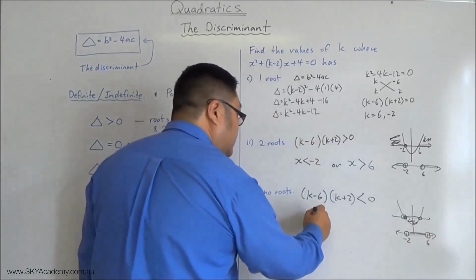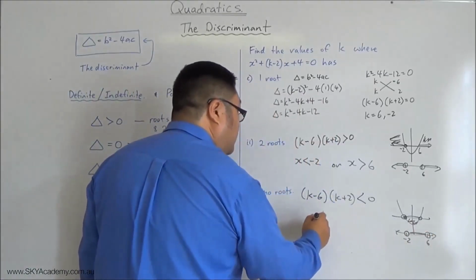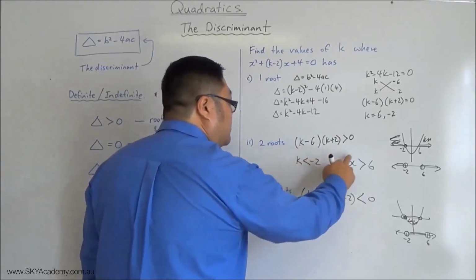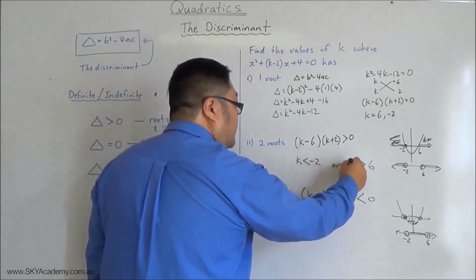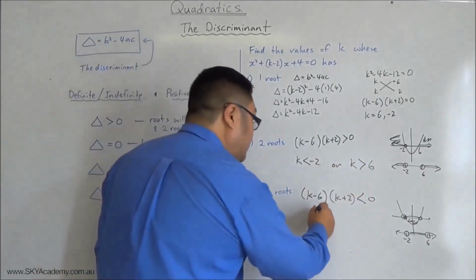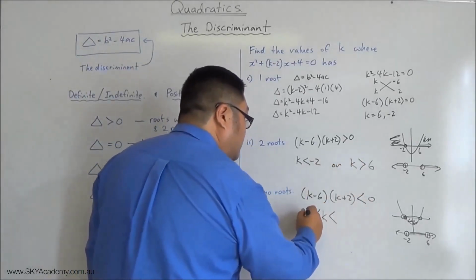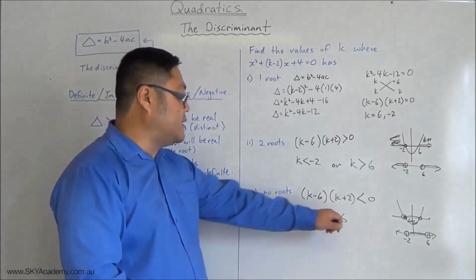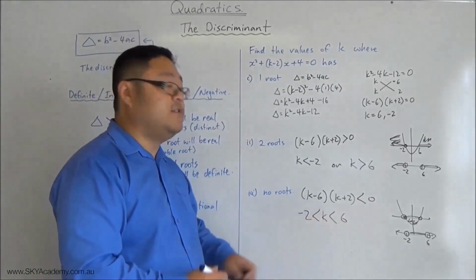So the answer is when k, whoops, that shouldn't be x, that should be k. I'm just so used to writing x. So when k is less than 6 and greater than negative 2.